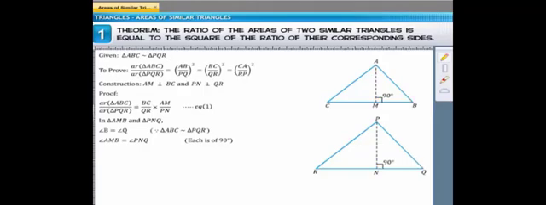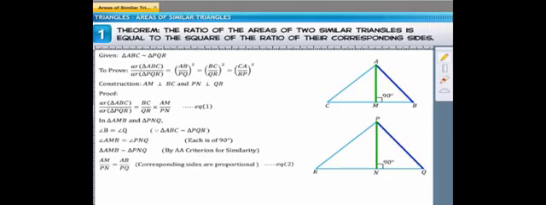Thus, by the AA criterion, triangle AMB is similar to triangle PNQ. This also means that sides AM and PN are in the same ratio as sides AB and PQ. Let's assign this as equation 2.